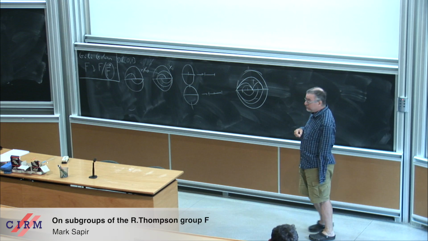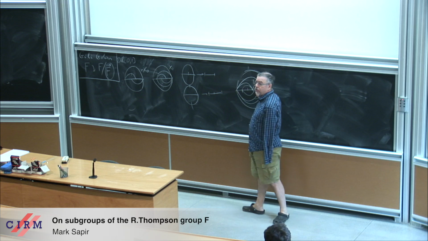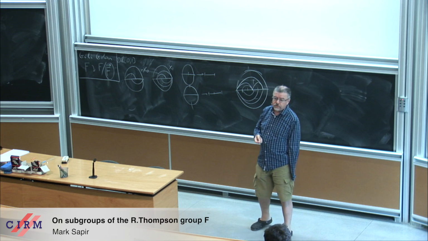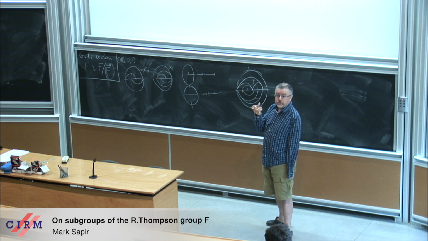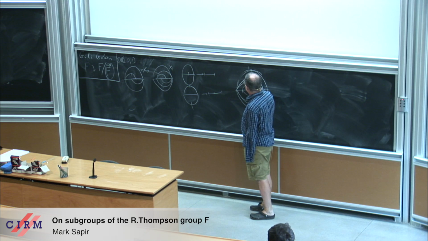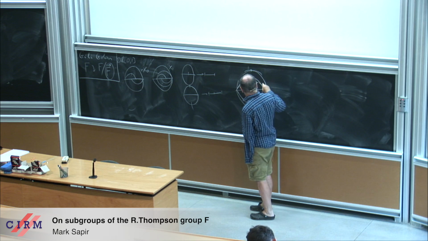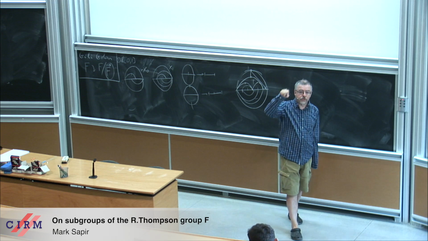Anyway, so this is a diagram, and all vertices are on this maximal path. You can also view elements of Thompson group as pairs of binary trees, as a more common thing. You just put a vertex in the middle of every edge, and you connect these vertices inside the cells.